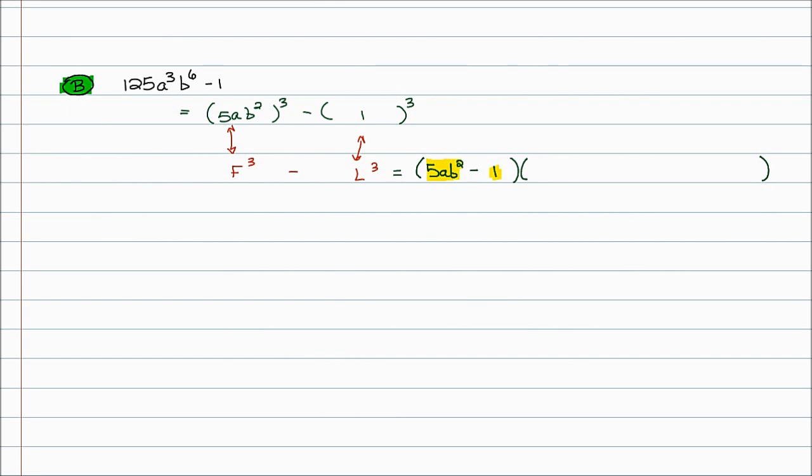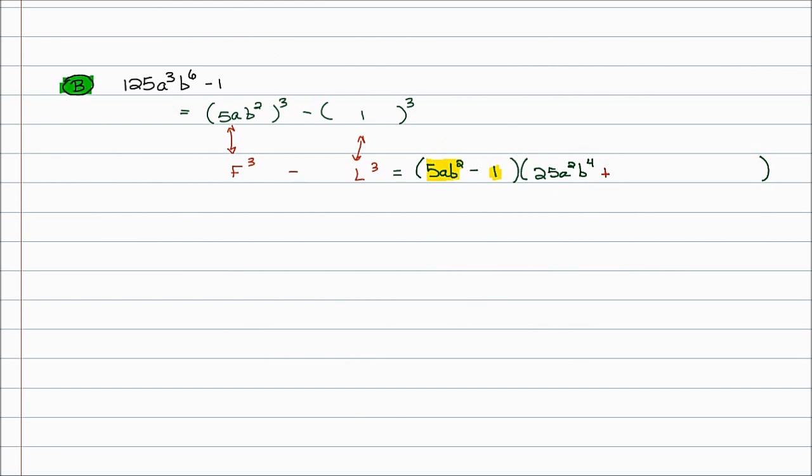I know that in the trinomial here, it'll be the first object, which is 5ab squared, being squared. So that's going to be 25 a squared, b squared being squared, which is the same thing as b to the 4th. Then I know the sign in between this term and the next one is going to be the opposite of that minus sign, so it's going to be a plus sign.